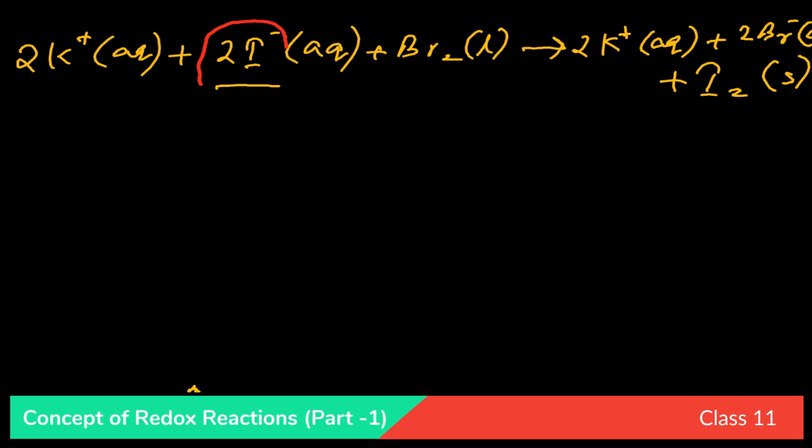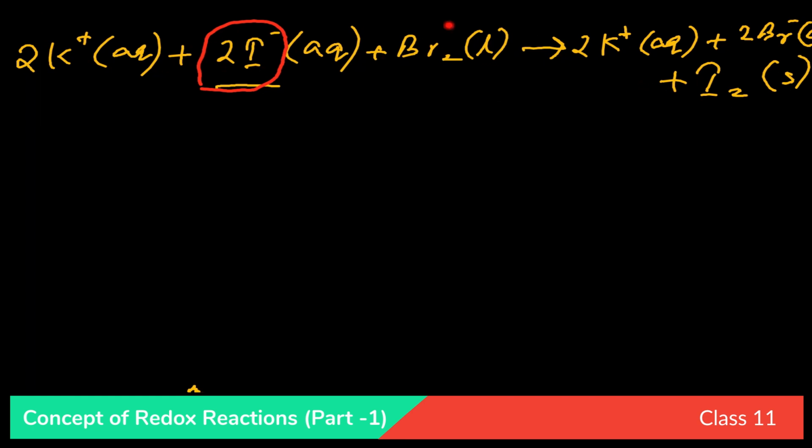Now this I- has lost electrons and has formed I2, that is solid iodine. That means I- has lost its electrons to form I2. Okay, that is by losing electrons.